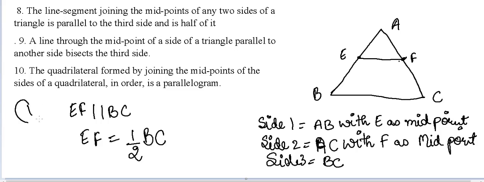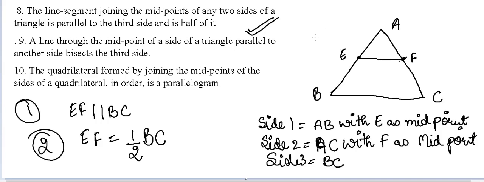So these are my two conclusions which come out from this point, that the midpoints when joined in a triangle, it is parallel to the third side and this line segment will be half of the third side.